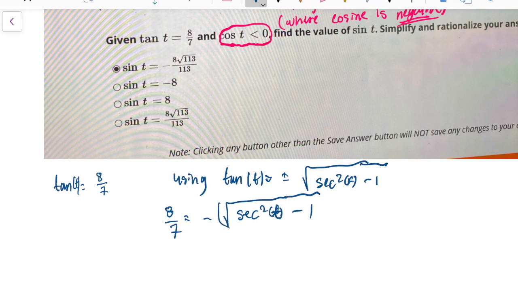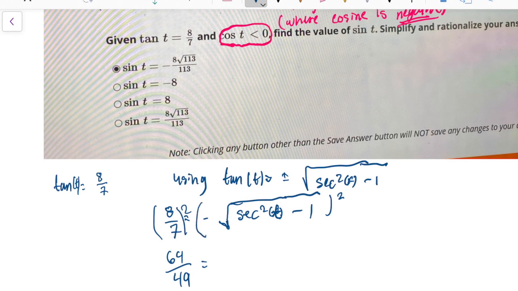But we will eventually get the same answer anyway. The only case where you have to be wary about whether to use positive or negative is on the final answer. So just hold on tight. I know I was using the negative formula here, but you'll see that it won't matter at this point.